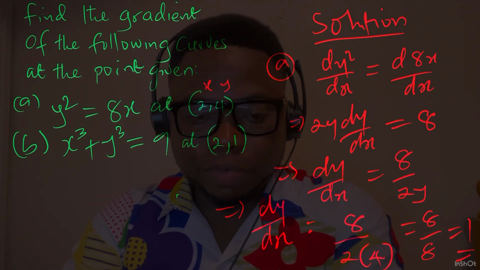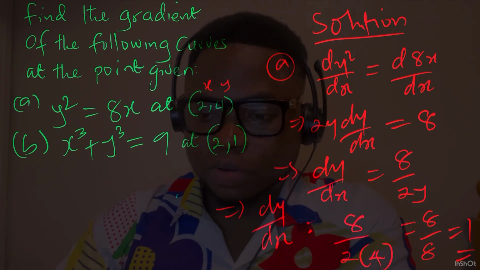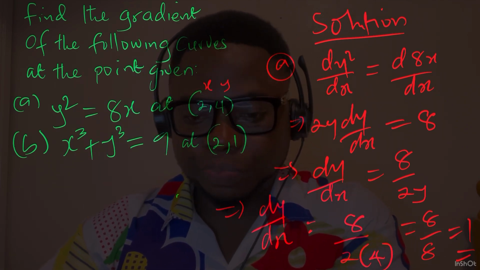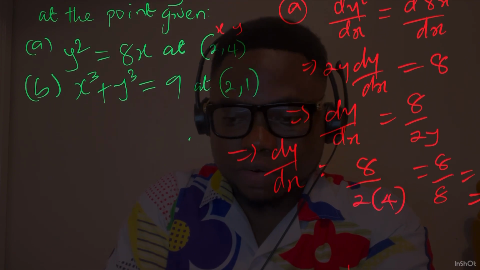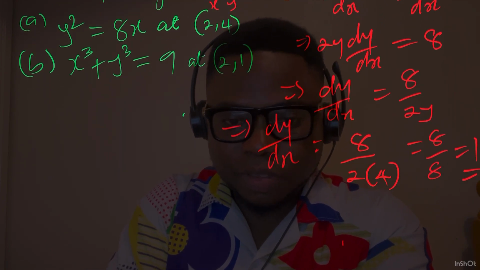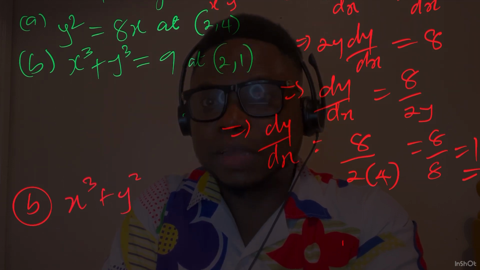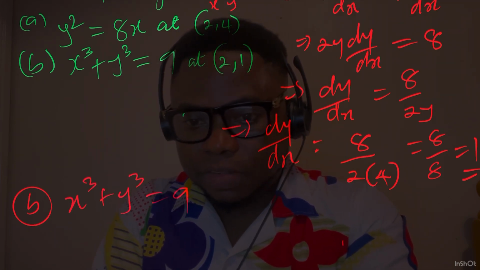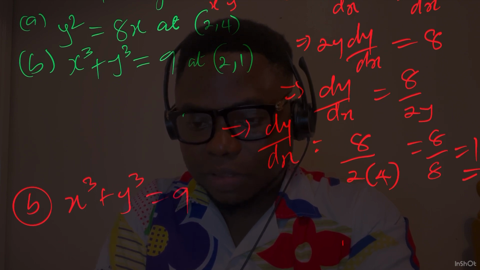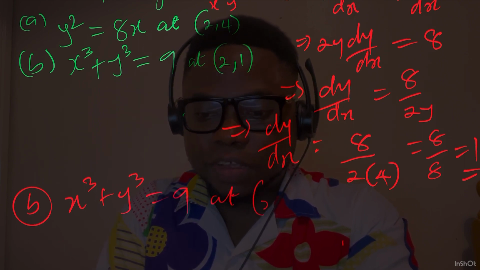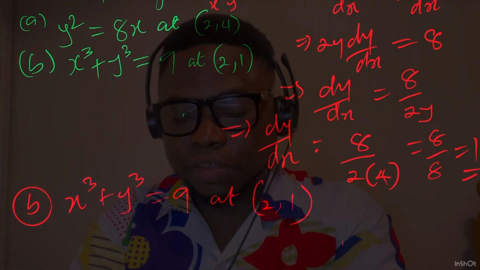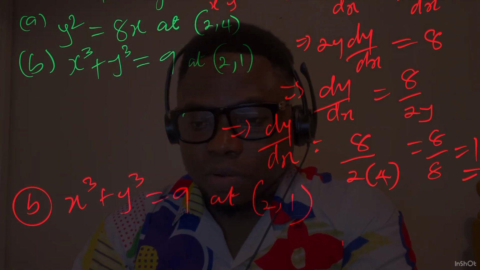So I'm going to do the same in the second question. So applying the implicit rule, I'm going to write B, x raised to the power of 3 plus y raised to the power of 3 is equal to 9. That is at 2 and 1. In this case, x is 2, y is 1. So what do I need to do?